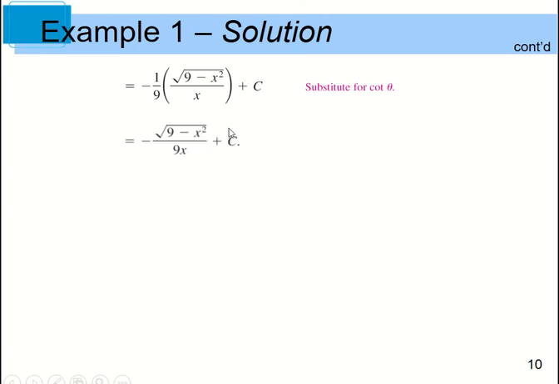So this is the answer for the integration. This is the trigonometric substitution, which we use when the integration involves a radical function.